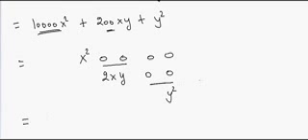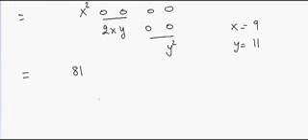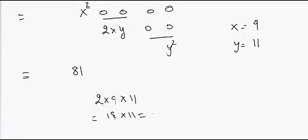Again, if I have x equal to 9 and y equal to 11, then you can see that 9 square is 81. There is no limit for x square here. And then we have 2xy, so 2 into 9 into 11, that will be equal to 18 into 11, and that will be equal to 198.